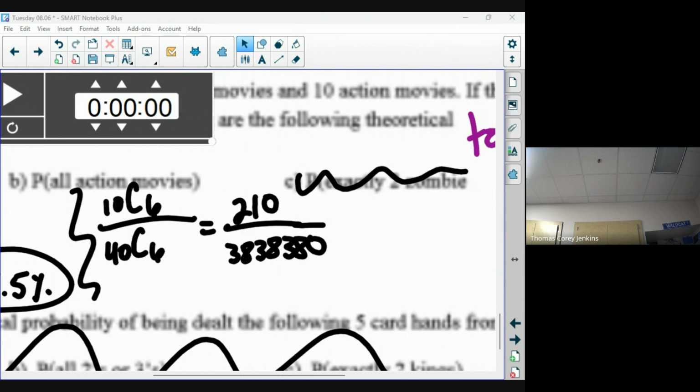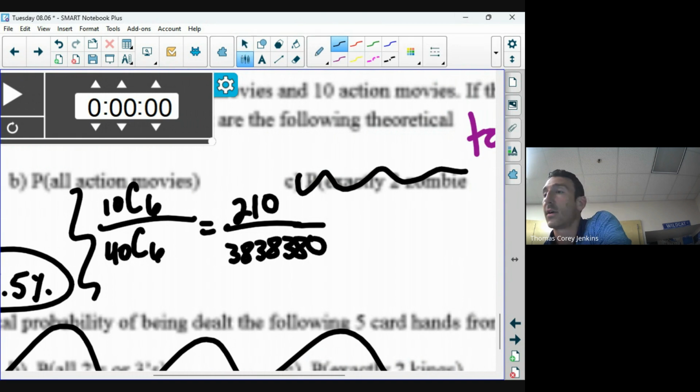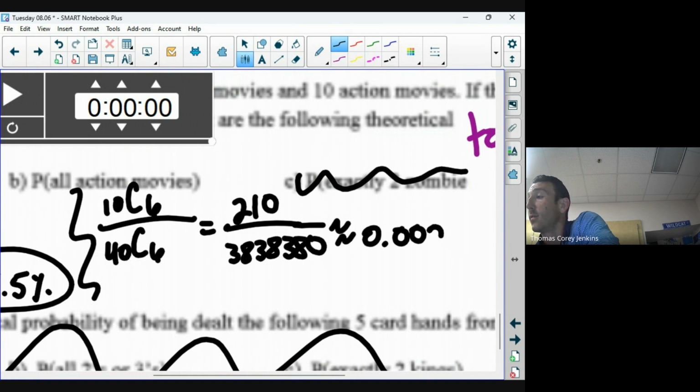The way you interpret that is a decimal point, then 4 zeros, and then a 5. We'll call that about 1, 2, 3, 4 zeros and then a 5. So probably not going to happen, right? If we turn that into a percent, it'd be about 0.005%.